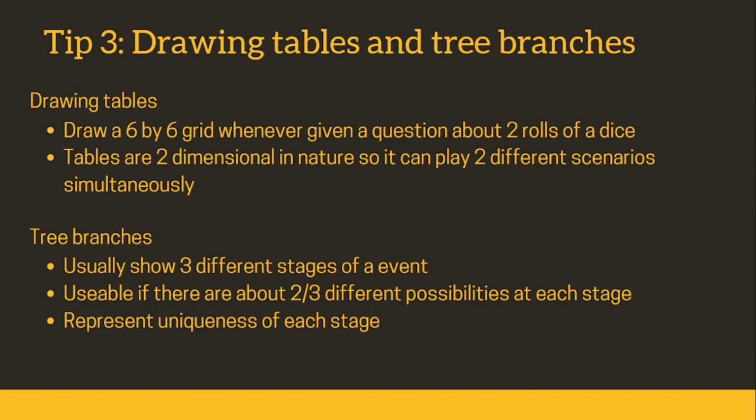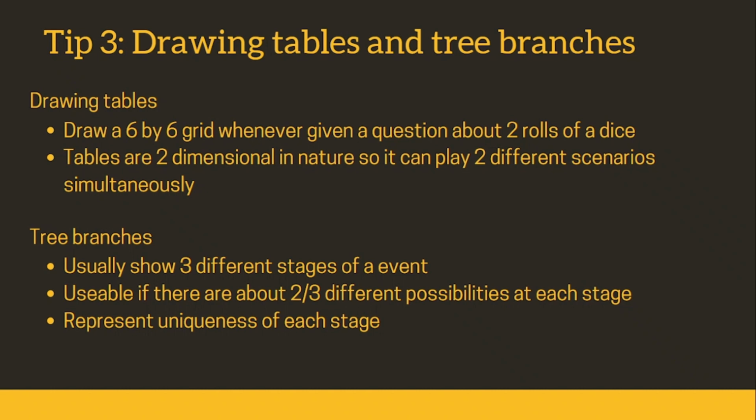You will draw a 6x6 grid to show the two-dimensional nature of how the two different scenarios play out simultaneously. But note that when you draw a table, you only really draw it in 2 dimensions. So if there are 3 different events happening at the same time, you cannot really draw a table. Then in the case of tree branches, this is a more systematic way.